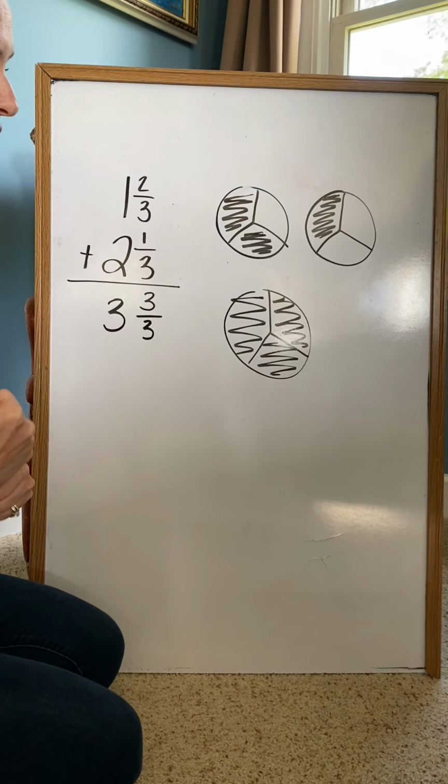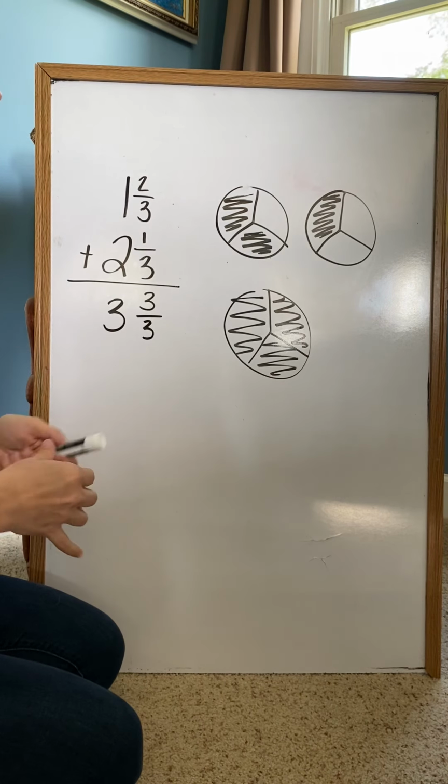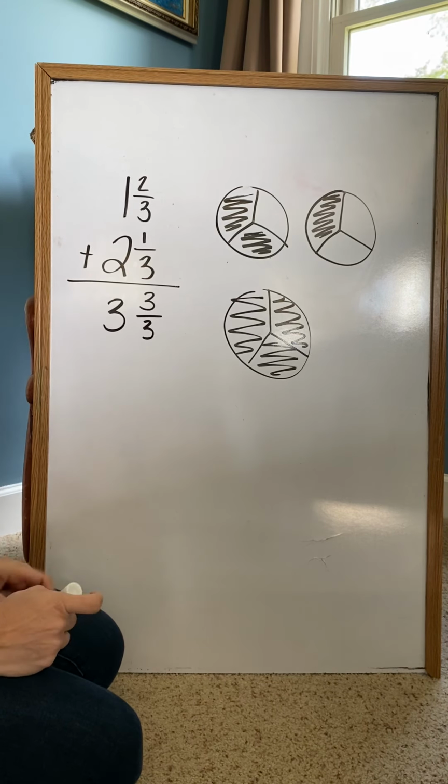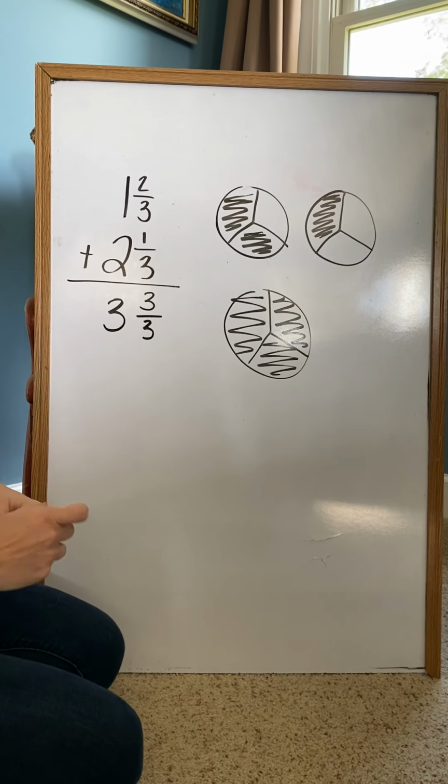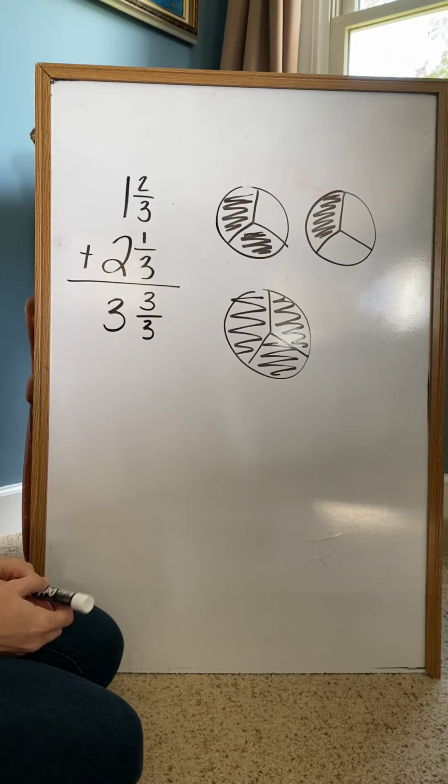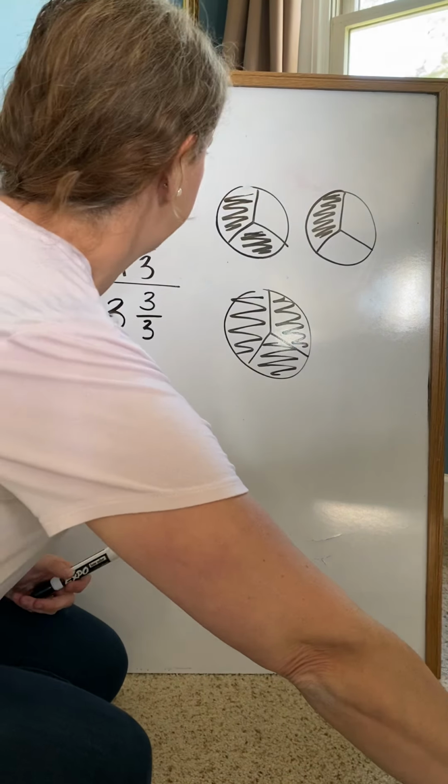My fraction family that I'm working with doesn't magically change to sixths, right? We're working with thirds, and we have 2/3 together with 1/3 gives us 3/3.